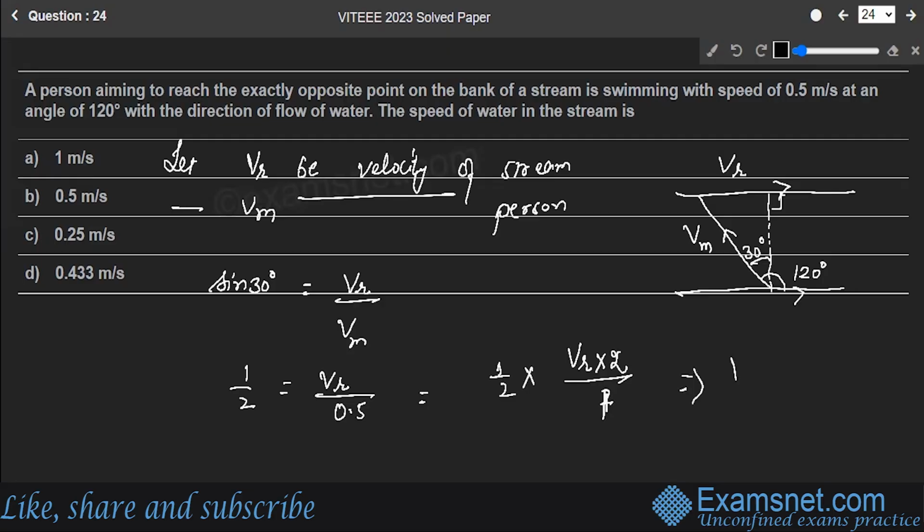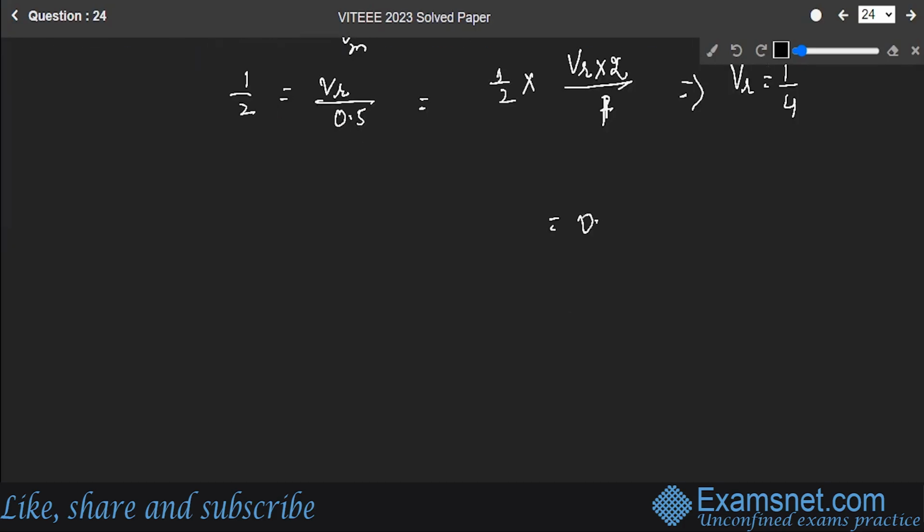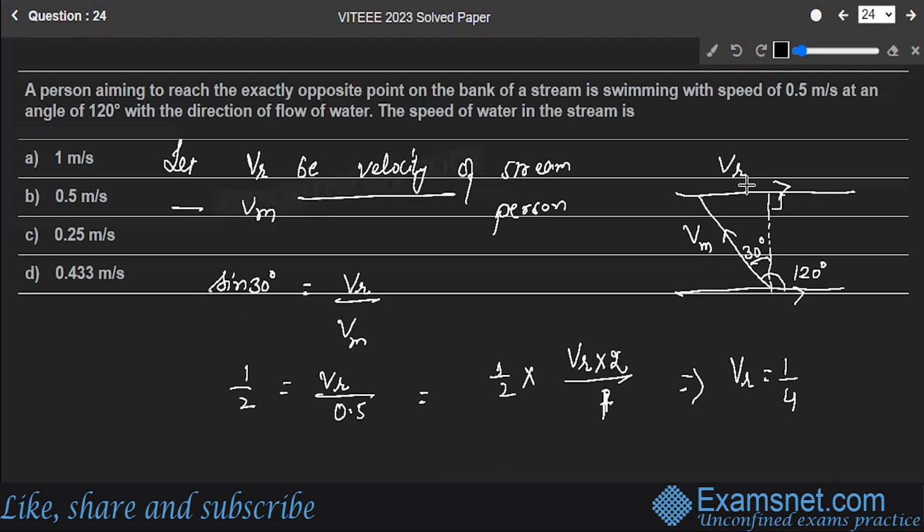So this gives you VR is equal to 1 by 4, or this is equal to 0.25 meters per second. This is the speed of the stream. Let's check with the options now. That makes option C the right answer. Hope you got that. Let's move to the next question.